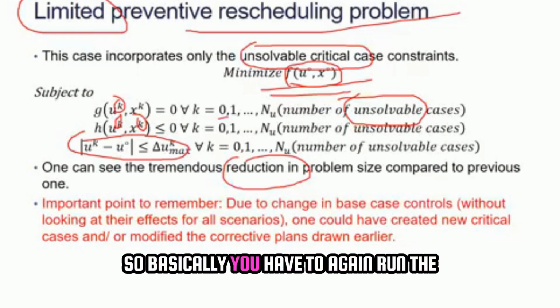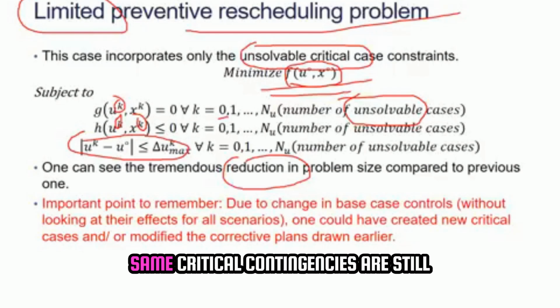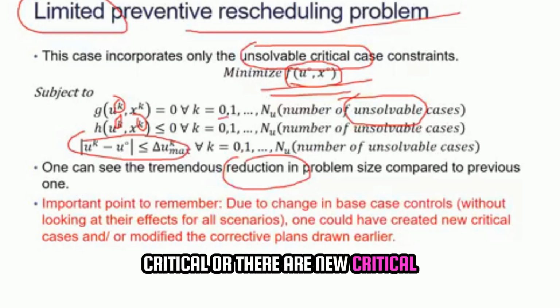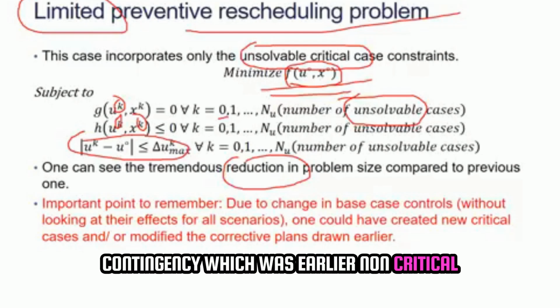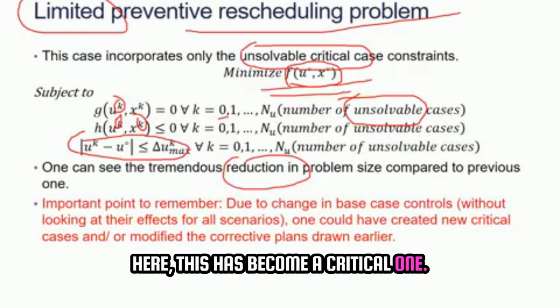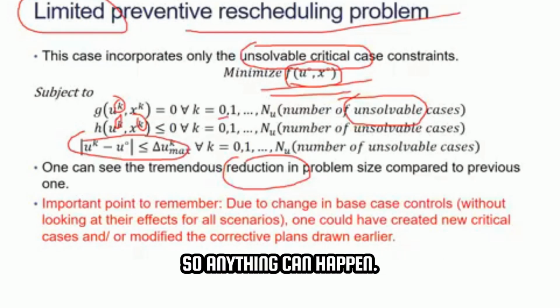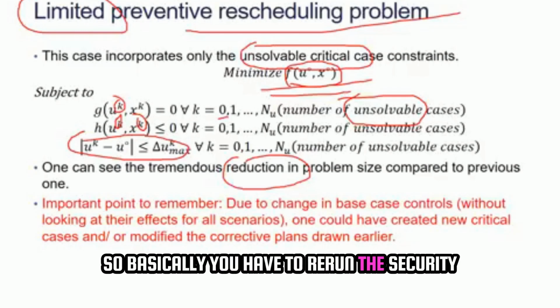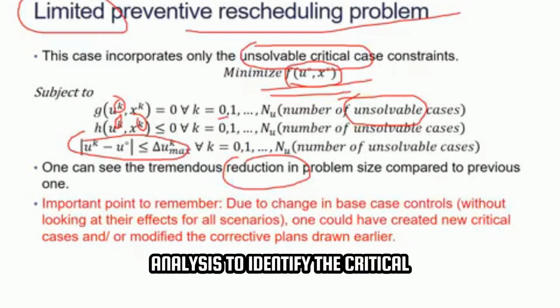So you have to run the security analysis again to know whether the same contingencies are still critical, or there are new critical contingencies, or a contingency which was earlier non-critical has become critical because of adding this contingency here. Anything can happen, so you have to rerun the security analysis to identify the critical and non-critical contingencies.